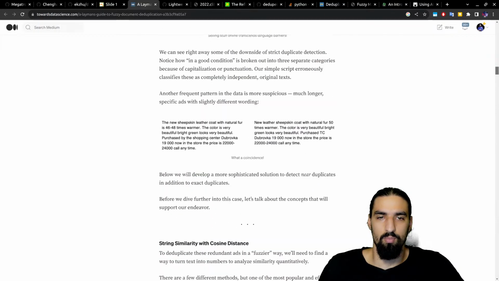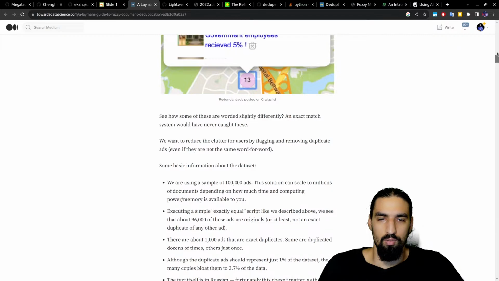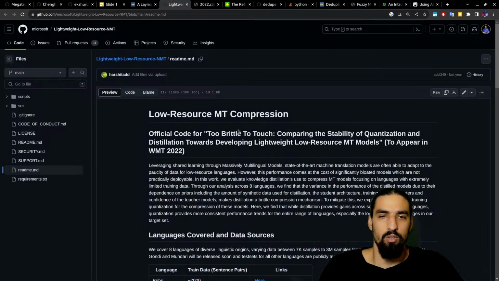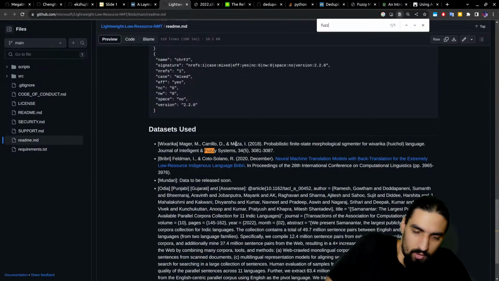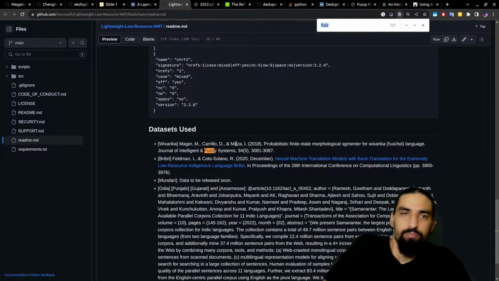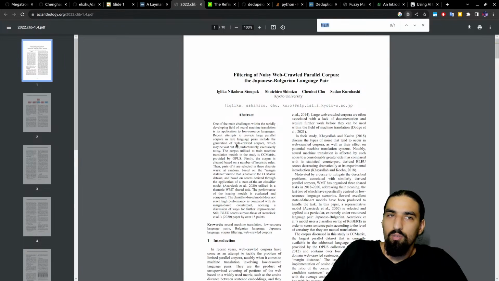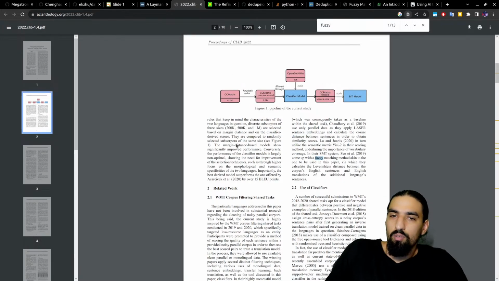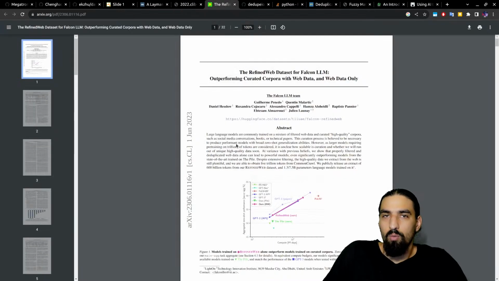Sim. This looks good as well. Fuzzy. Cache. We can check this as well.